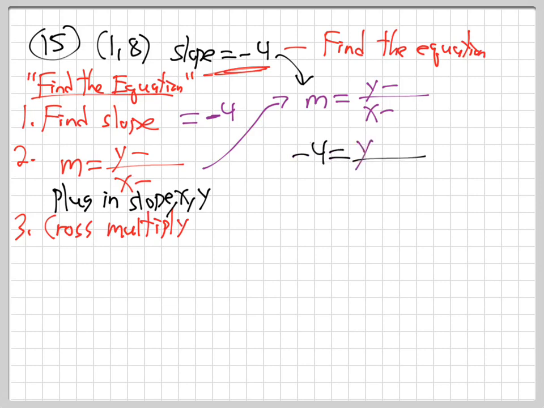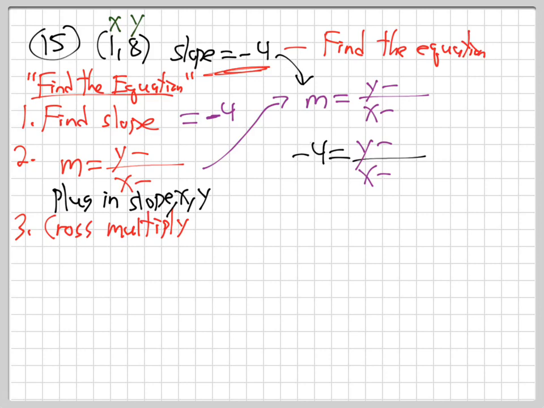Okay. y minus, x minus. So I plugged in the slope on the left side, -4. Now, what do you think I'm going to put behind the x and behind the y? This is x, and this is y. Remember points when they give you the 2 numbers? The first one's always x, the second one's always y. They go in alphabetical order, just like in the alphabet: x, y, z.